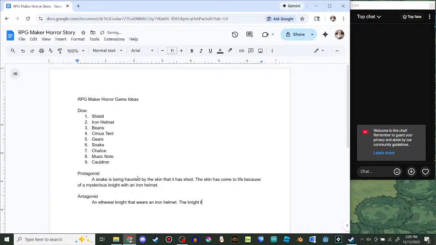The knight is using magic beans to bring back the shed skin of the snake.